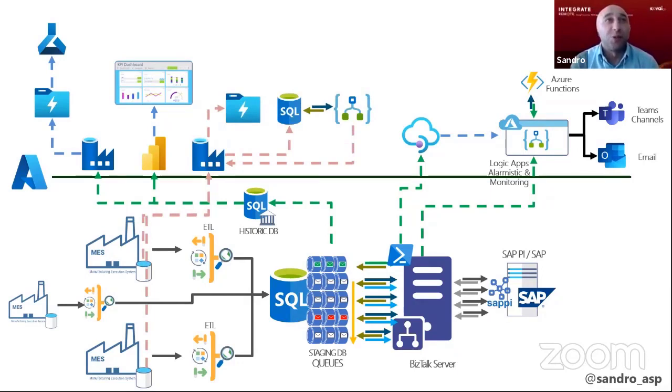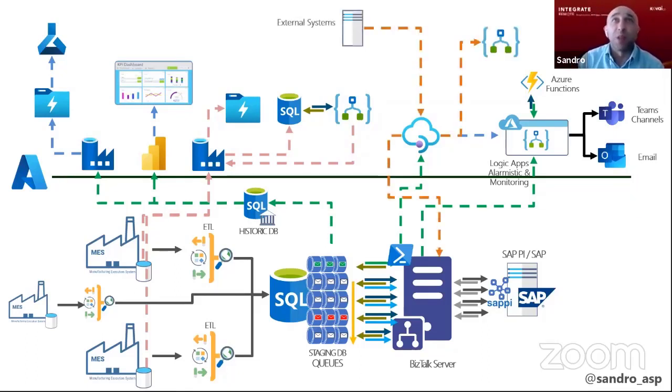We are also extracting data from the MES systems, doing ETL, data lake. We are putting it in SQL. There is also connectivity with Logic App to clean all the data that is in the MES systems. And we are recently going to open up for external systems to communicate with the on-premise or the cloud integration.